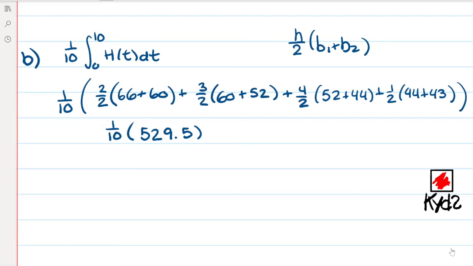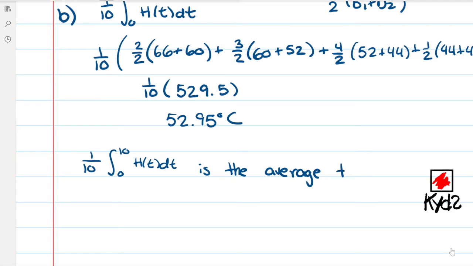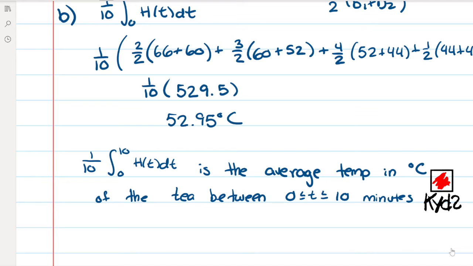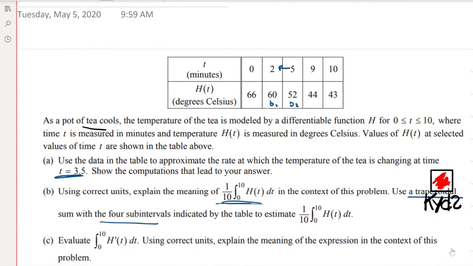Divide that by 10 and you get 52.95 degrees Celsius. So what this means is that 1/10 the integral from 0 to 10 of H of t dt is the average temperature in Celsius of the tea between 0 and 10 minutes, or just during the first 10 minutes of it cooling. So the average temperature is 52.95 degrees. And that makes sense if our top temperature is 66 and our bottom temperature is 43. The average should be somewhere in the middle, especially if it's just going down.